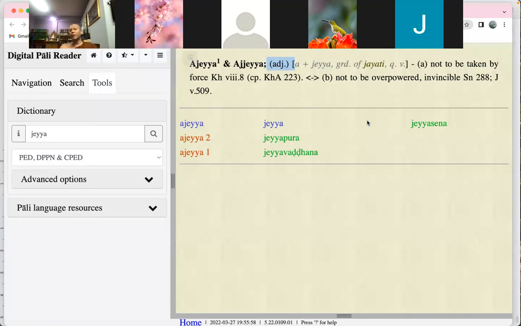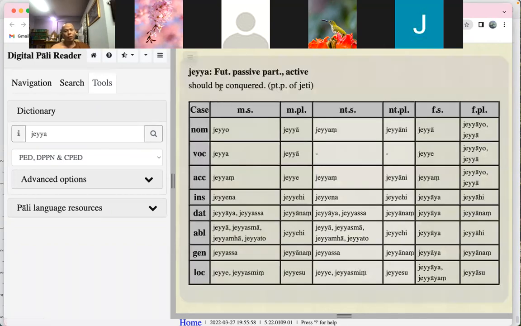Yes, based on the context it can also be understood. For example, if Jaya is in the comparative sense, at that time it will mean older or elder. But here the meaning is in the common sense, just a positive adjective, 'should be conquered', not the comparative sense.